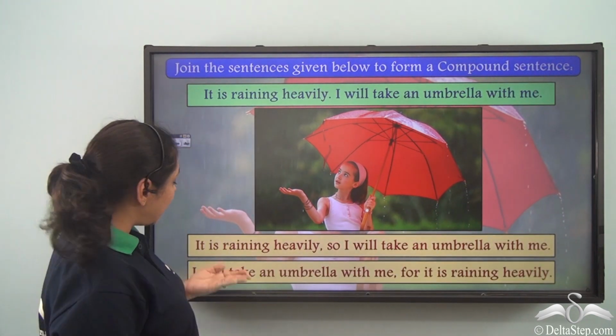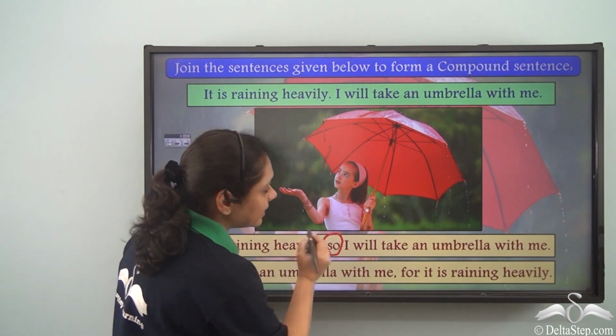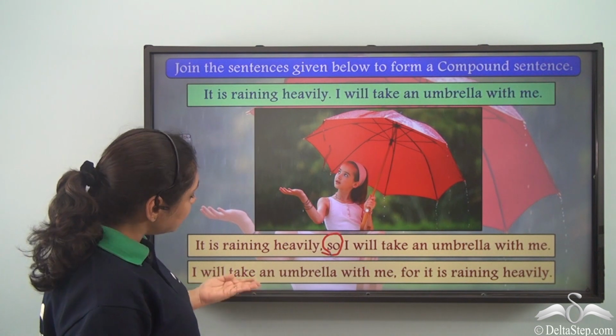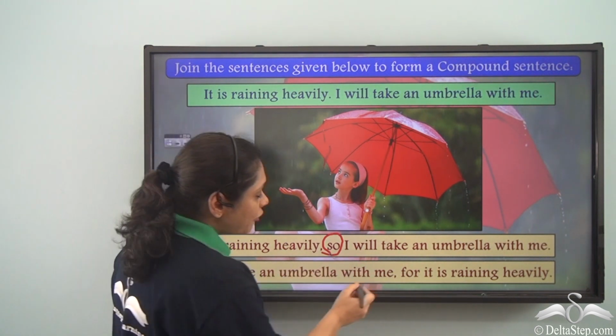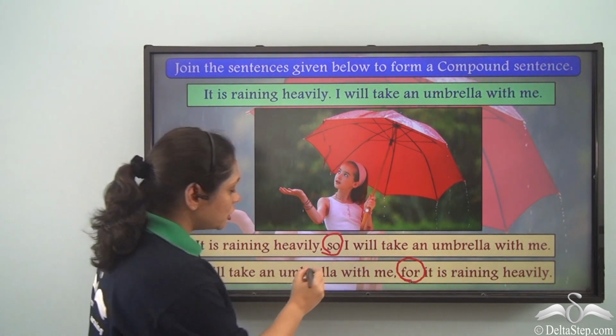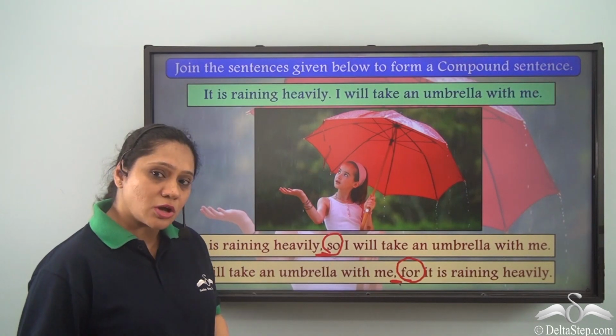We can join and write, it is raining heavily, so I will take an umbrella with me. Or you can also write, I will take an umbrella with me, for it is raining heavily. And remember to use the comma because we are joining two independent clauses.